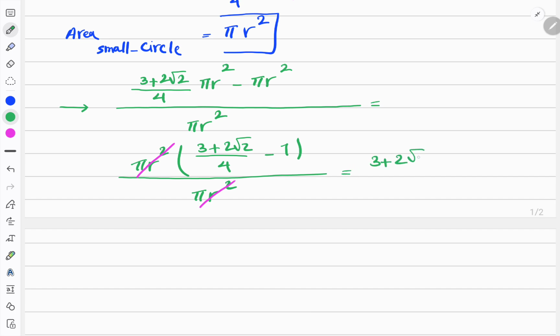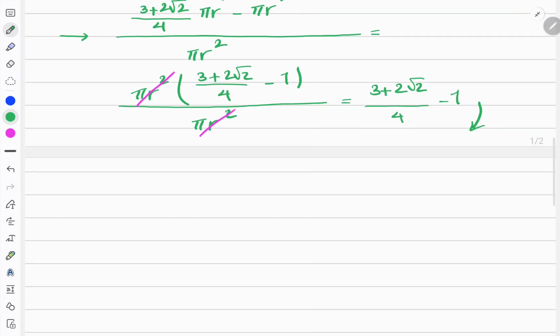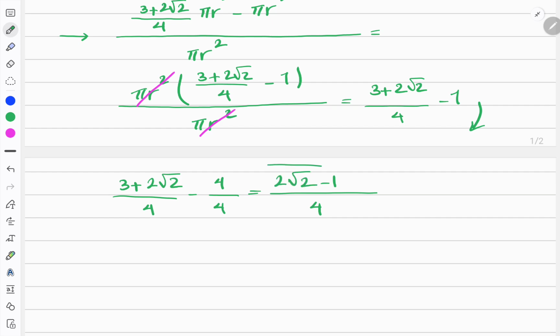So 3 plus 2 radical 2 over 4 minus 1. So I'm going to write it in a better form. 3 plus 2 radical 2 over 4 minus, instead of 1, I'm going to use the fraction 4 over 4. So we have a common denominator 4, and 3 minus 4 is negative 1, and we have 2 radical 2, and this is the final answer of this question.